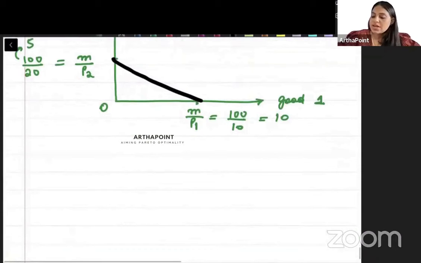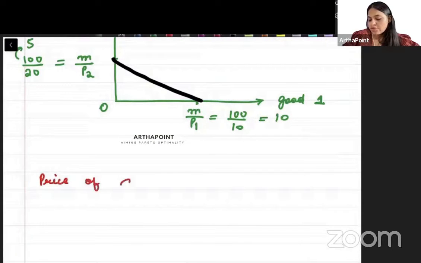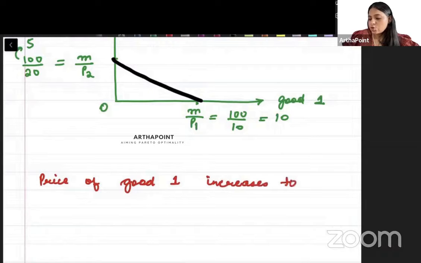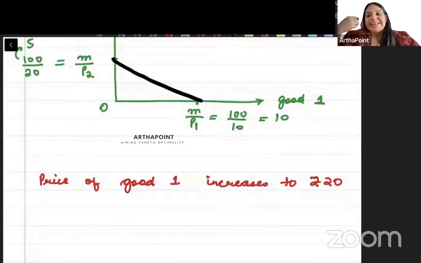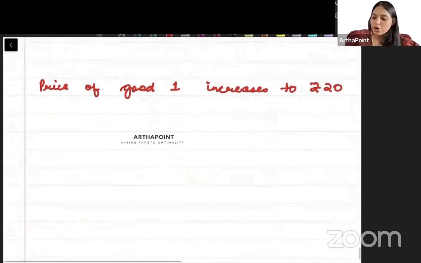Now, suppose I tell you that price of good one increases to 20 rupees. Price of good one is increasing, बढ़ रहा है कितने पे? 20 rupees पे. बेटा, what will be your new budget line?